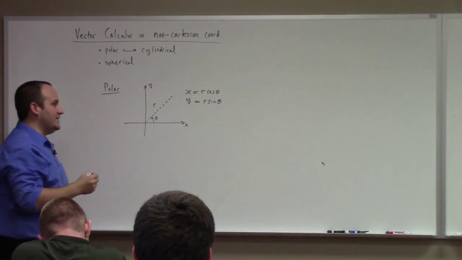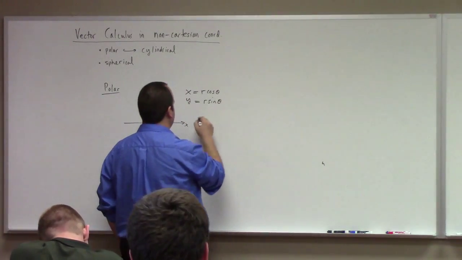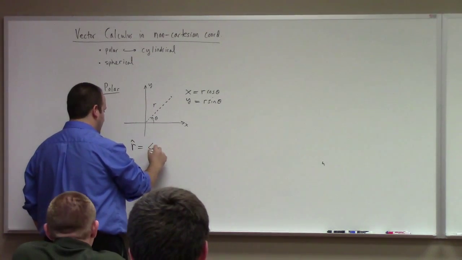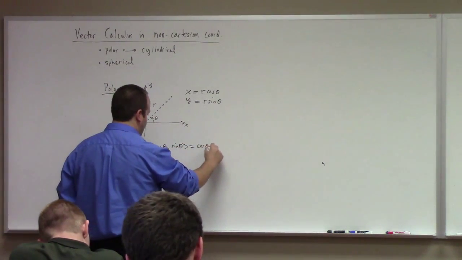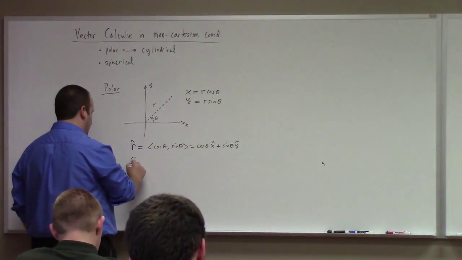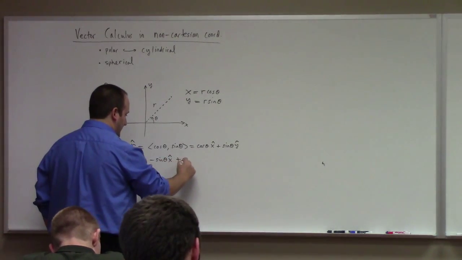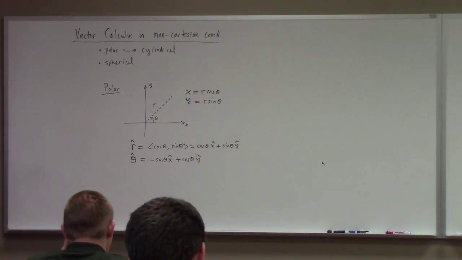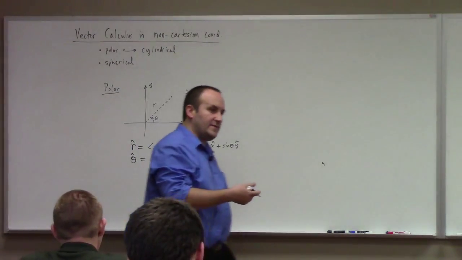And we derived the other day that you can talk about r hat and theta hat. r hat was cosine theta, sine theta, or you might write it cosine theta x hat plus sine theta y hat. And theta hat was minus sine theta x hat plus cosine theta y hat. So these are your basic building blocks. To write a vector field in terms of the polar coordinate frame, you want to use r hat and theta hat. You want to use r and theta.